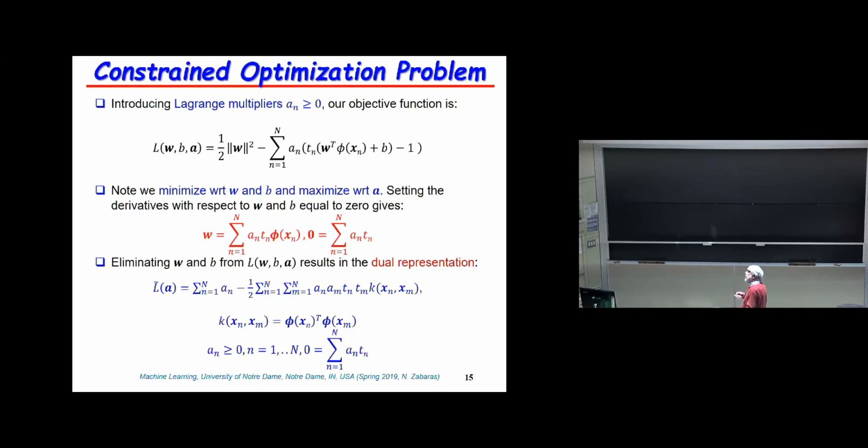The Lagrange multipliers have to be greater or equal to 0 for all n, and the summation of alpha_n t_n has to be equal to 0. So this is the dual optimization problem, and it's obviously quadratic programming that you can solve very cleanly.